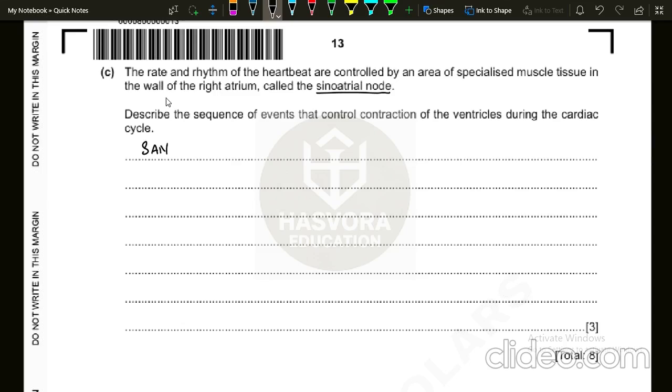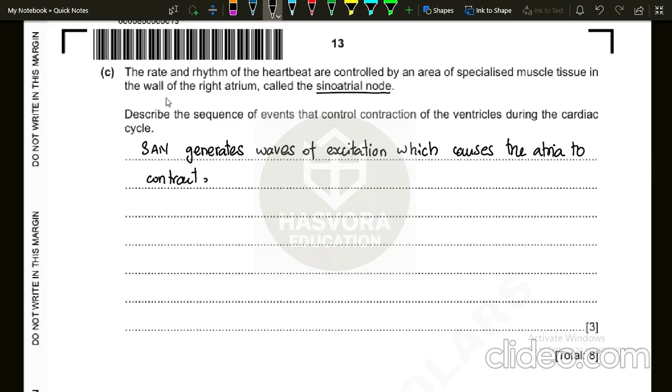The SAN, the sinoatrial node, generates waves of excitation which cause the atria to contract, but due to the presence of fibrous tissue they can't be transferred directly to the ventricles.